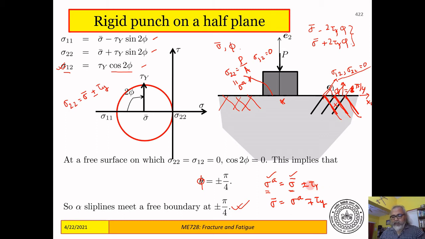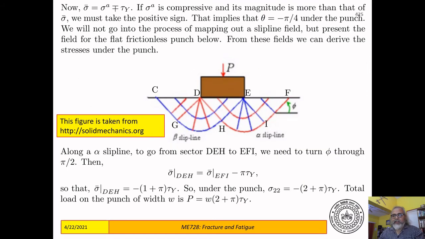Therefore, I have to take the positive sign of tau y in order to make this more compressive than this. If I take the positive sign of tau y, that corresponds to the negative sign of theta and negative sign of phi, and that's why I have to take phi equal to minus pi by 4 under the punch.